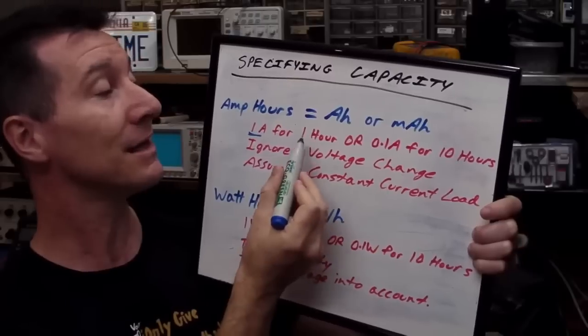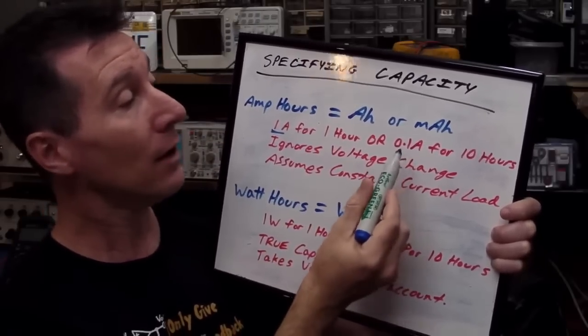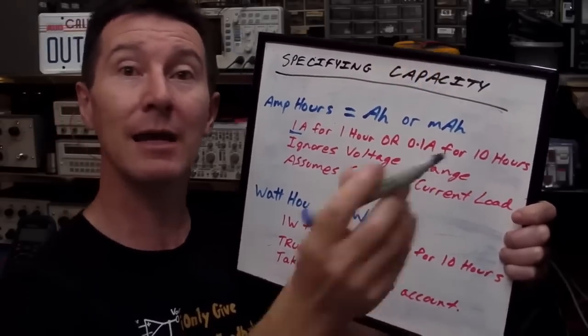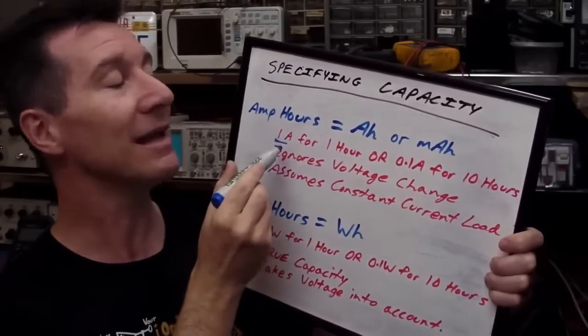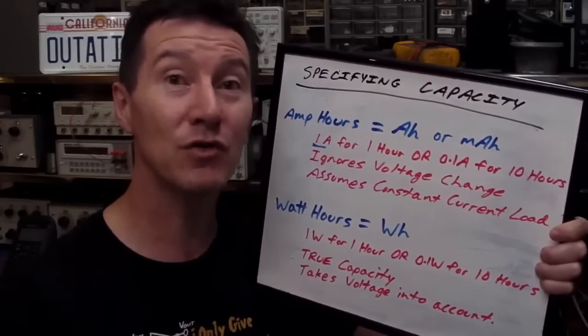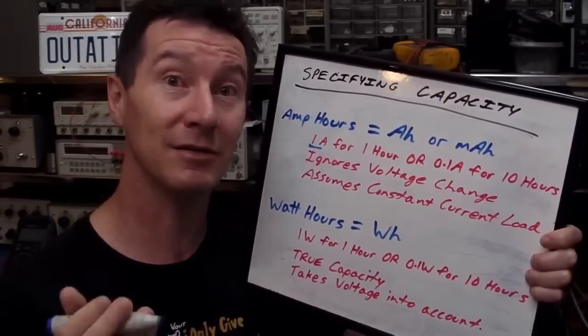Well, that means it can deliver 1 amp for 1 hour, or it can deliver 0.1 amps for 10 hours, and so forth as you drop in current. Usually that's the upper limit. So with a 1 amp hour battery, you might be able to draw 2 amps from it, but the capacity is going to be much less.